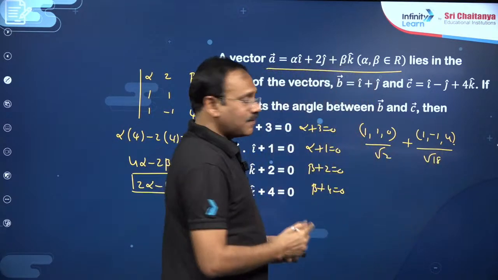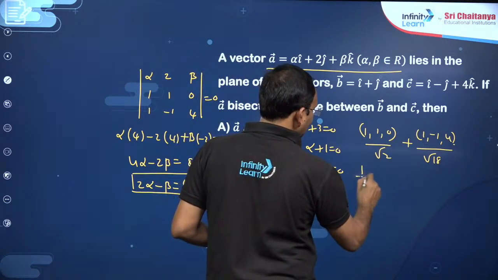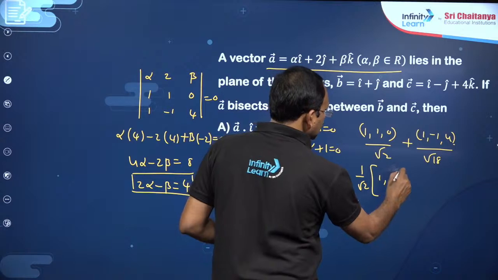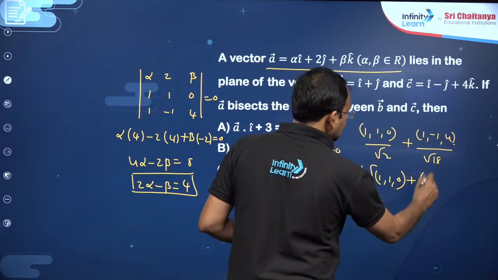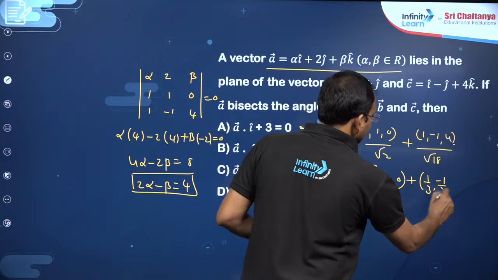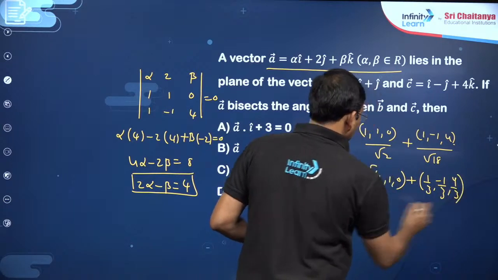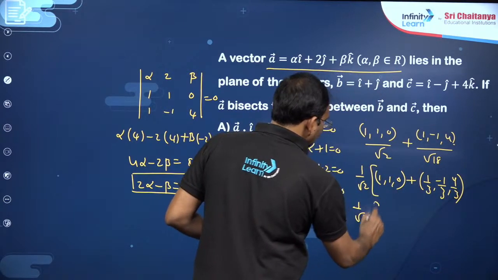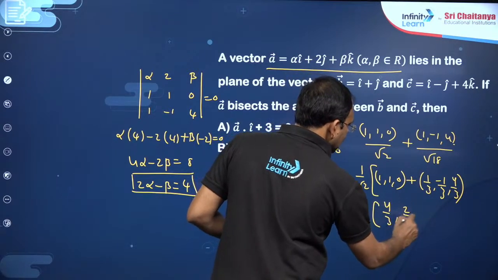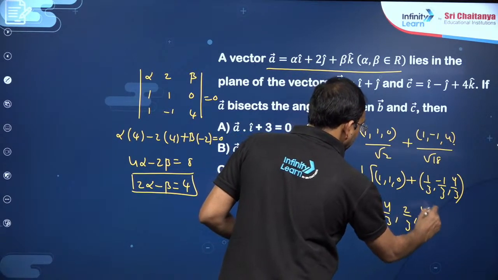So you can write, my dear friends, this must be along 1 by root 2 taken common, (1, 1, 0) plus 1 by 3 times (1, -1, 4), that is 1 by root 2 into (4 by 3, 2 by 3, 4 by 3).